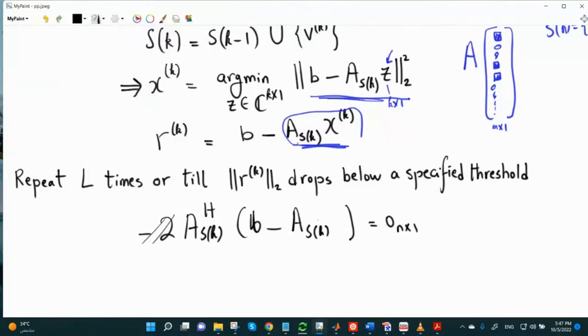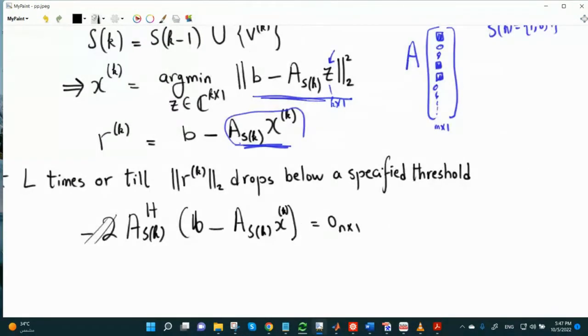So this z now is the optimal solution, which is x of k. Before writing down an expression for x of k, let's actually do it. A sub S of k Hermitian b is equal to A sub S of k Hermitian A sub S of k x of k.